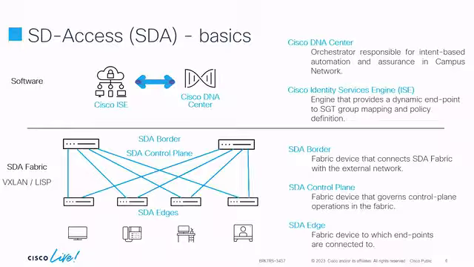We also have SDA control planes, which are the devices that manage the whole fabric. This is the main brain of the solution. And we have SDA edges, which are the devices to which we connect all the endpoints. So it's a relatively simple construct: software, network, and a few different roles in order to make it all work together. So that's the basics of SDA.